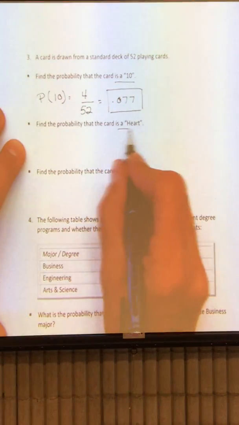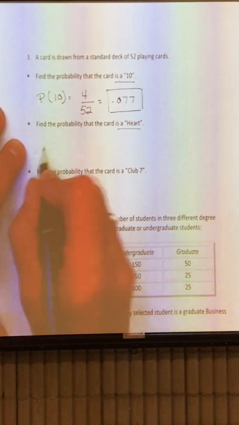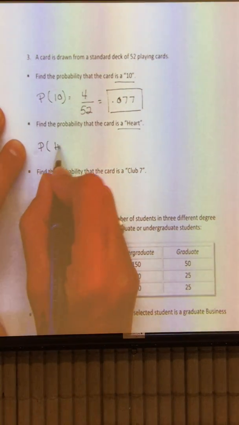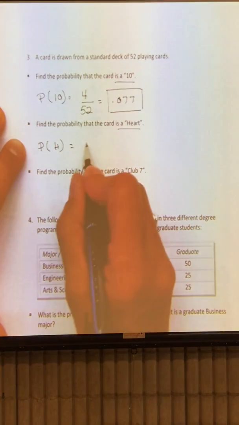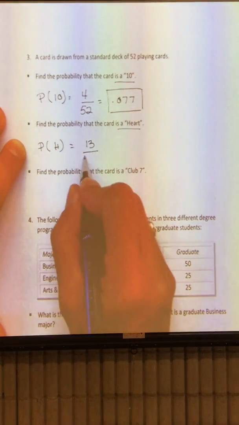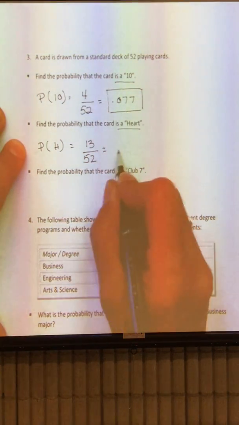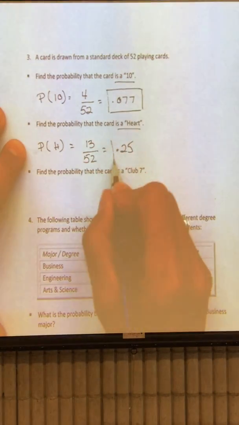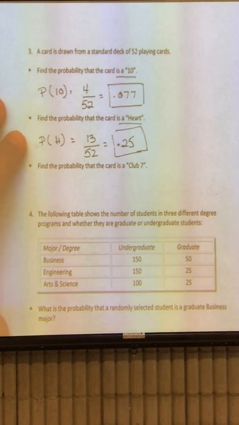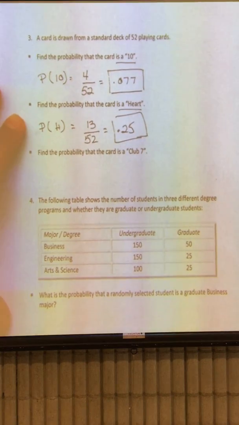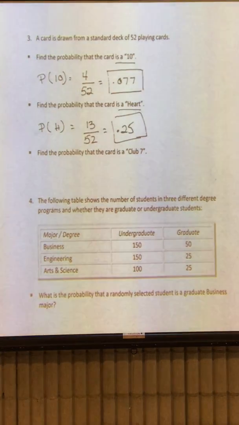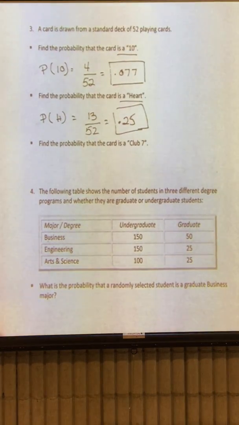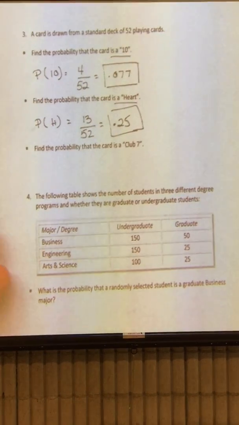Find the probability that the card is a heart. So the probability that the card is a heart, you have 13 hearts in a deck of 52. So 13 divided by 52 is equal to 0.25. Find the probability that the card is a club 7.